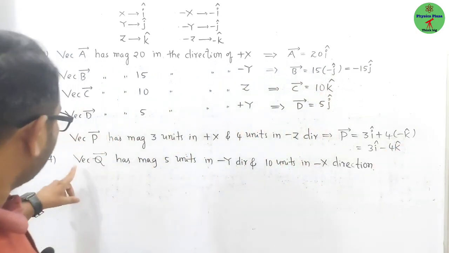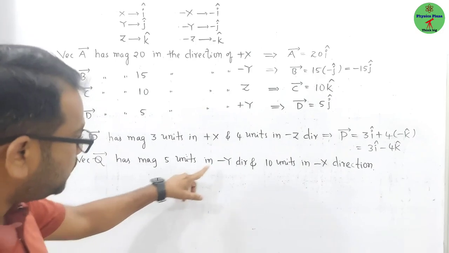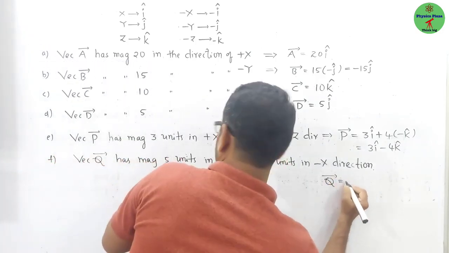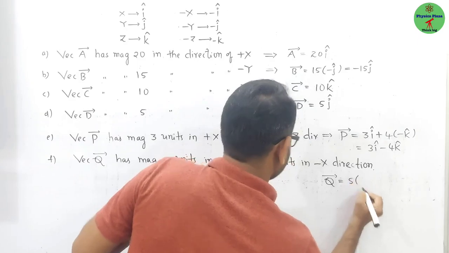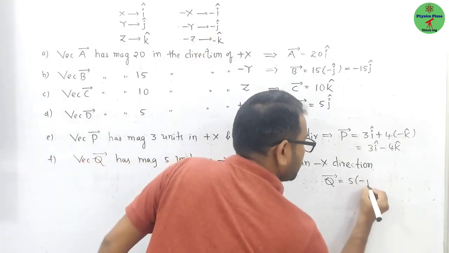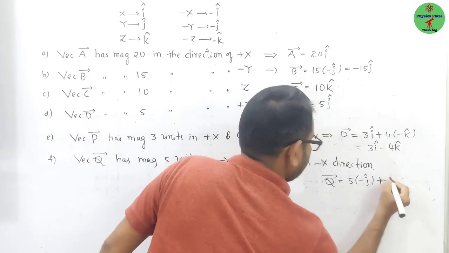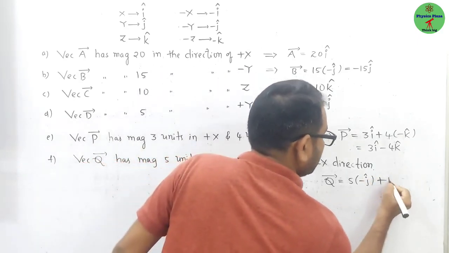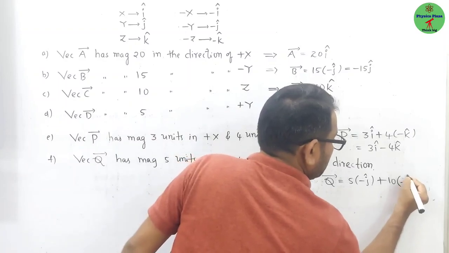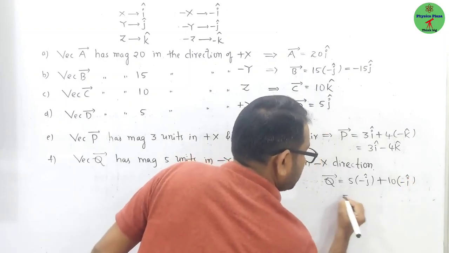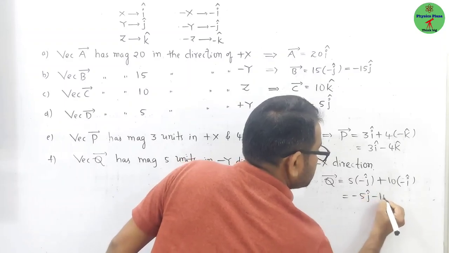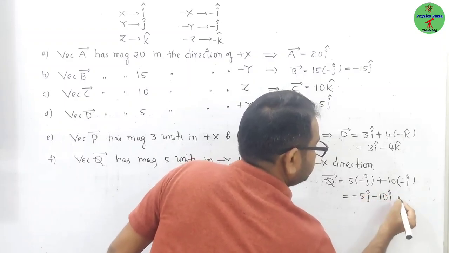Okay, fine. So vector Q has 5 units in a minus y direction. Minus y direction, no problem at all. What is the unit vector, children? Minus j cap, plus 10 units towards minus x direction. Minus x is what? It is minus i cap. So this is going to be minus 5 j cap minus 10 i cap.